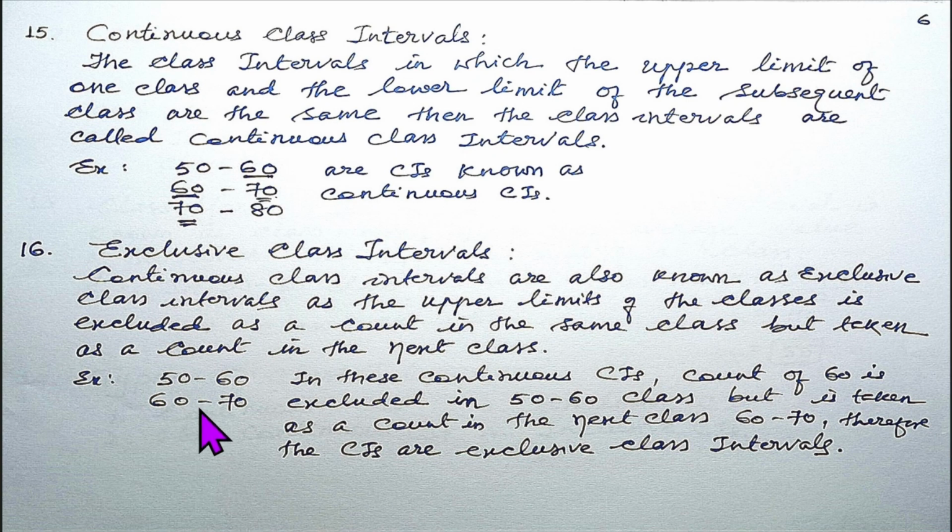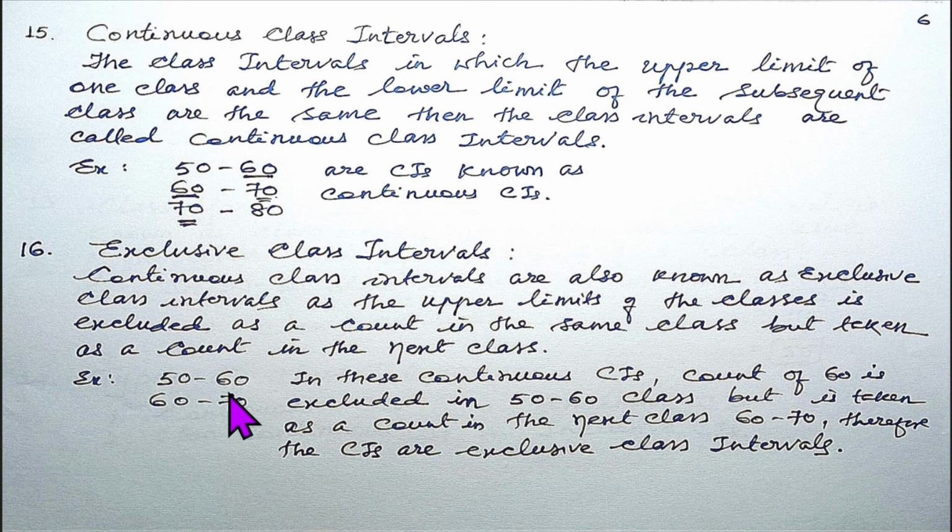Now the confusion arises, where to include 60, whether I have to include 60 in the 50 to 60 class interval or in the 60 to 70 class interval. Therefore it has been decided to exclude 60 in the same class interval but include it in the next class interval, and therefore it is called an exclusive class interval.